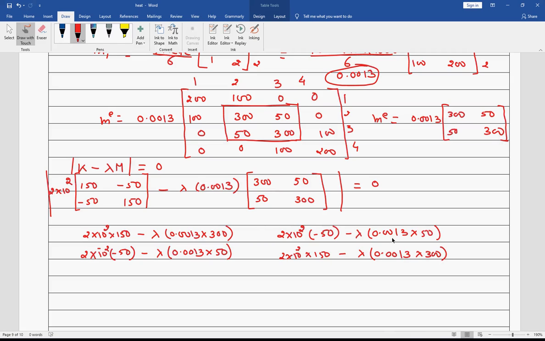Okay, so I want its determinant to be equal to 0. Okay, so it's fairly simple.